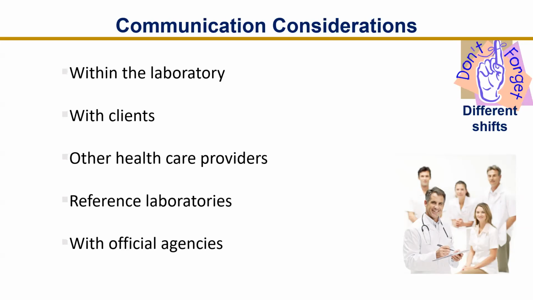So there should be a clear policy that outlines how communication should take place among all these stakeholders: within the laboratory, with clients, other healthcare providers, reference laboratories, and official agencies, and within the lab between different shifts.